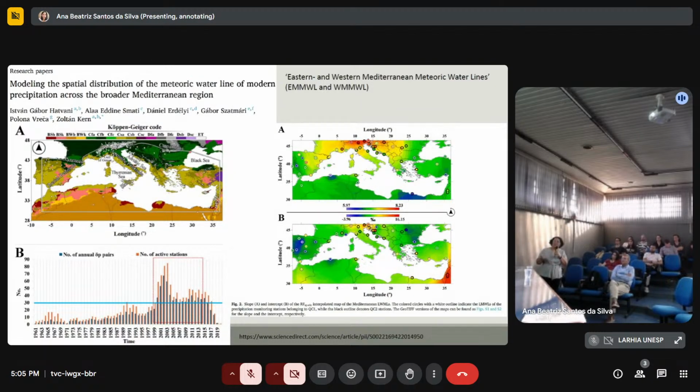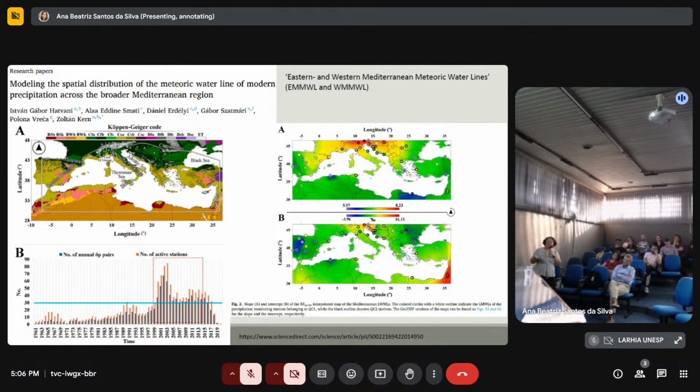And this is another paper from Hatvani, from a Polona integrated group, and they discussed the regional meteoric water line in the Mediterranean region. And as you see here, they have quite a long monitoring coverage, but they decided to work in the more recent years.